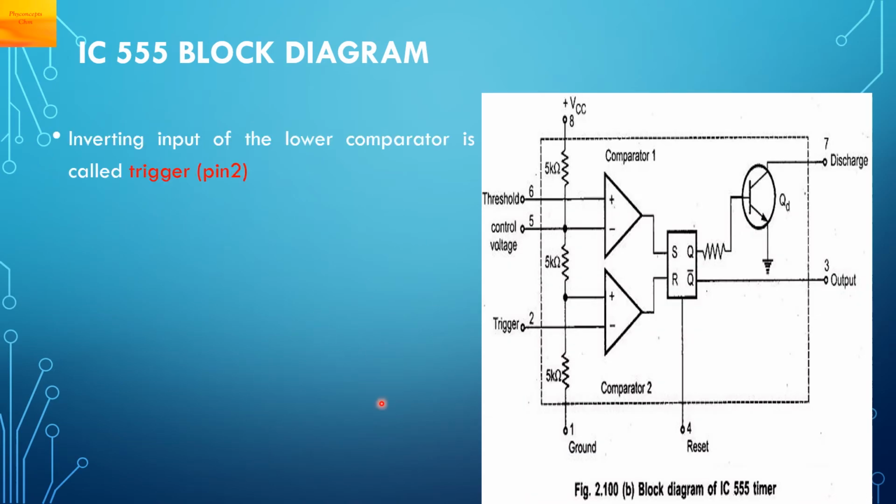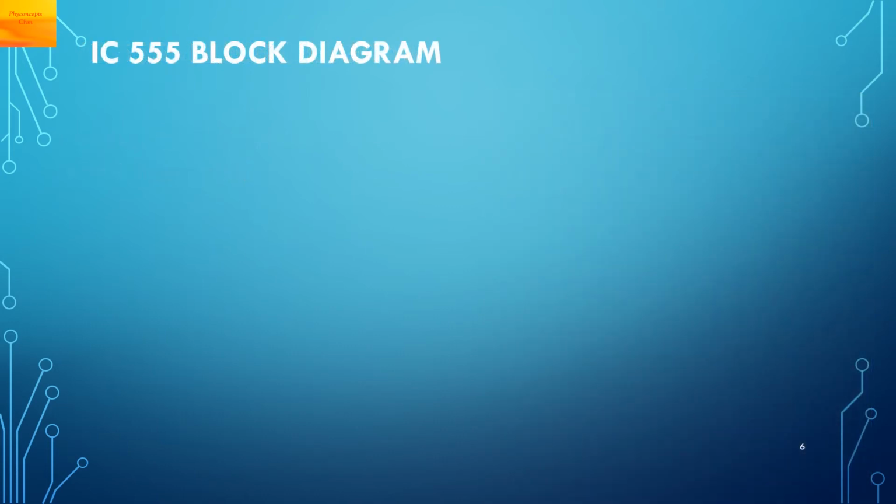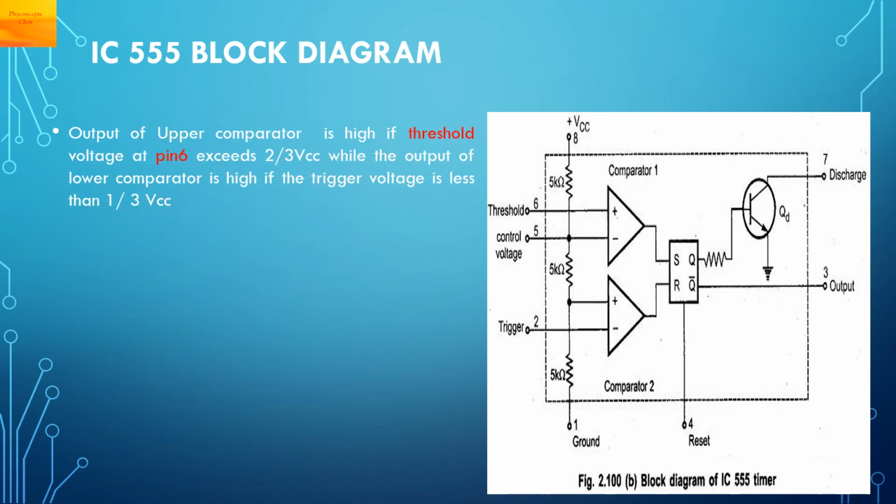The inverting input of the lower comparator is called the trigger pin. This is pin number 2. So for the upper comparator, the reference voltage here, as we had seen earlier, is 2/3 of VCC.